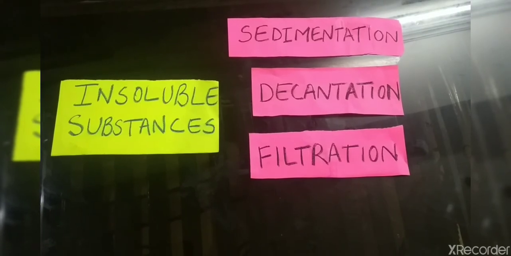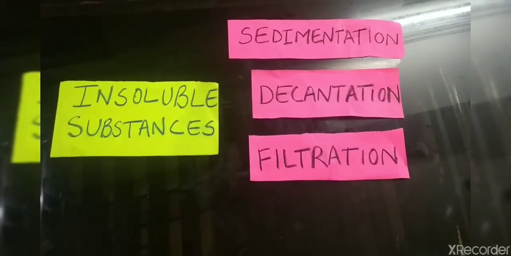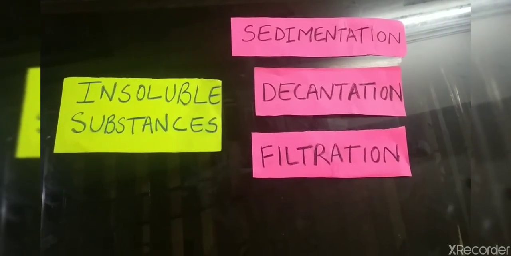Then we discussed the methods of separation and have seen that insoluble substances can be separated by the processes of sedimentation, decantation, and filtration. And soluble substances like salt can be separated by the process of evaporation.